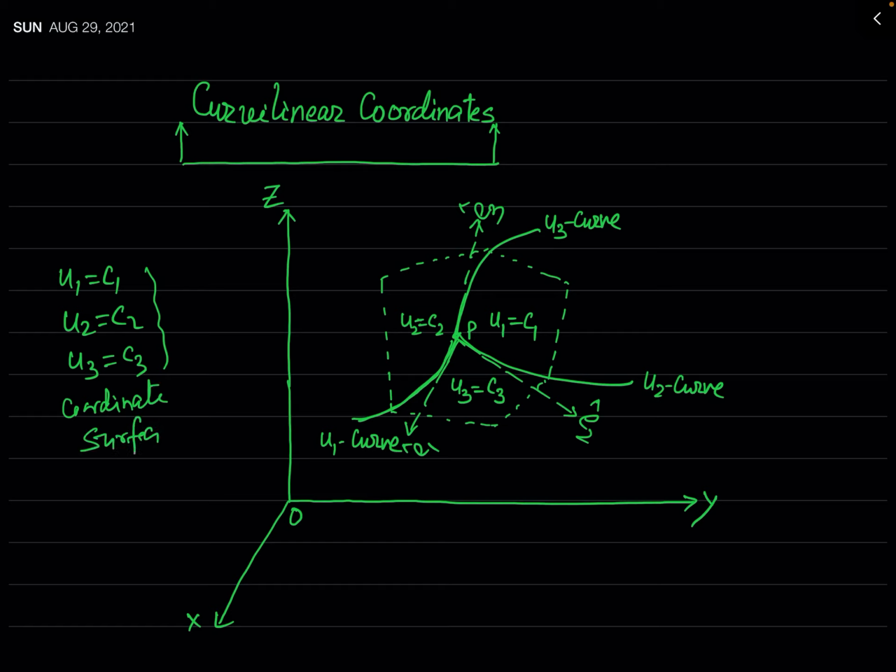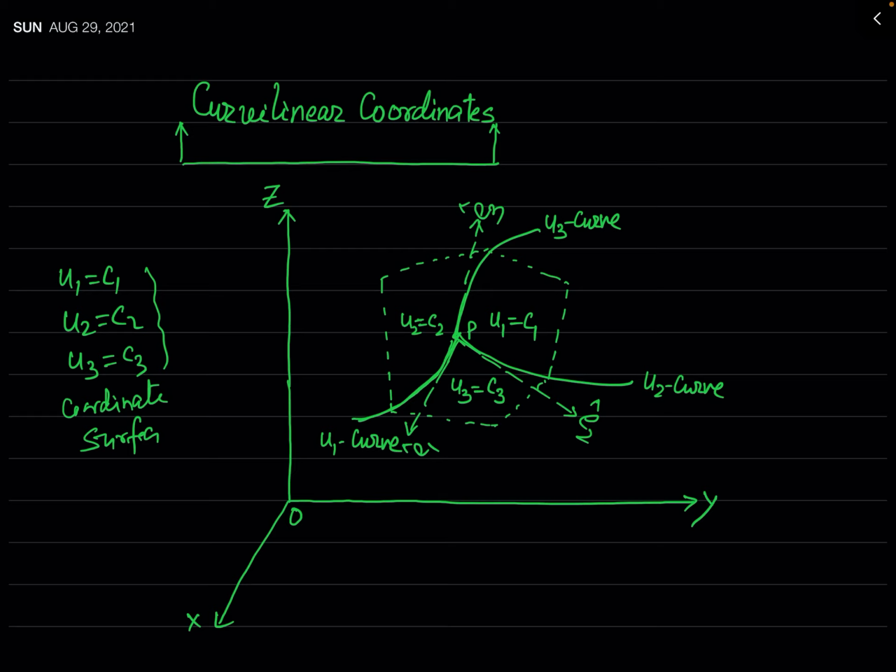Coordinate surfaces. And as I have told you, these surfaces intersect one another at different curves, u1 curve, u2 curve, and u3 curve, as you can see in this figure.